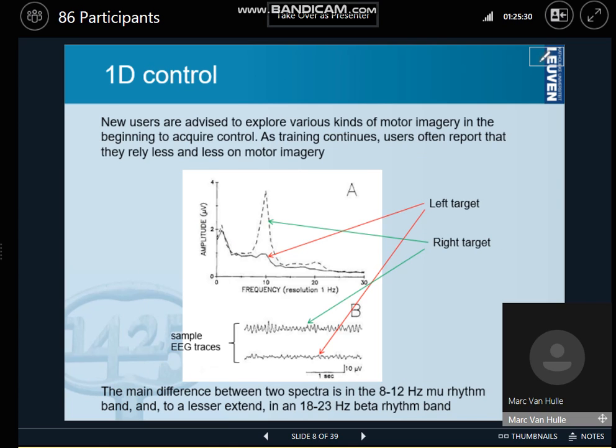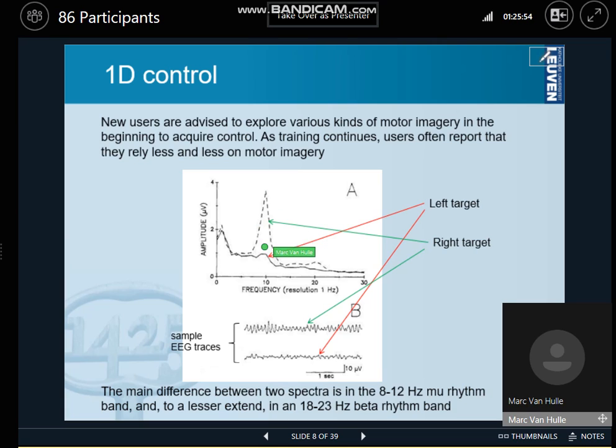So that's the idea. In the one-dimensional case, slide 8 is the most simple one. You have to advise your users to explore not only motor imagery, but maybe other things like playing chess or playing tennis, whatever works for you to get control.